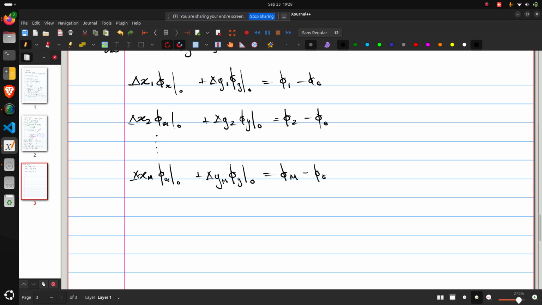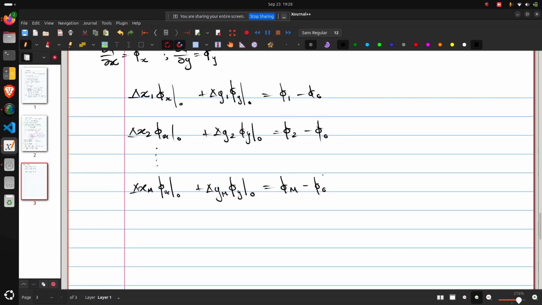Okay. So what are the unknowns here right now? We only have two unknowns here, right? Phi sub x and phi sub y, that is the gradients, ∂phi/∂x and ∂phi/∂y. These are the unknowns. And what are the known values?